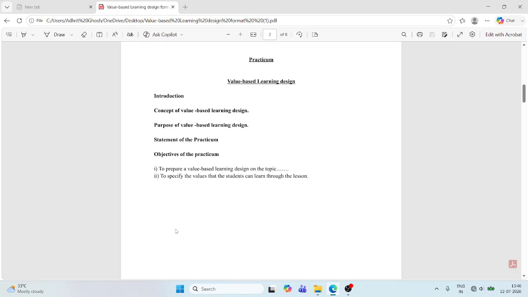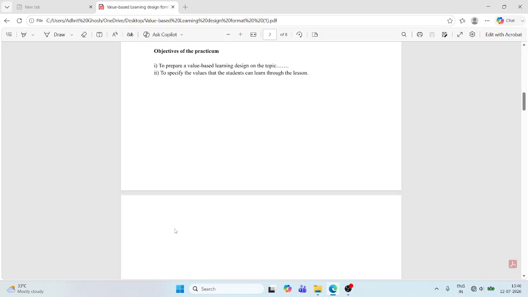So choose your topic very prudently so that you can identify how it can develop certain values and appeal to the affective domain of the students, right?